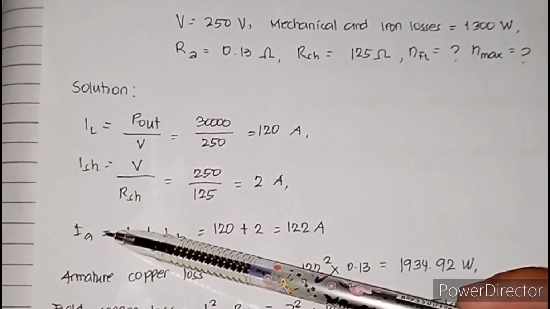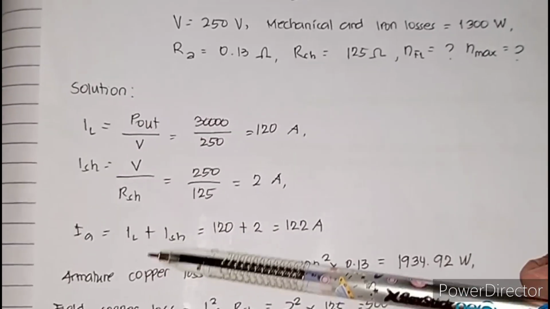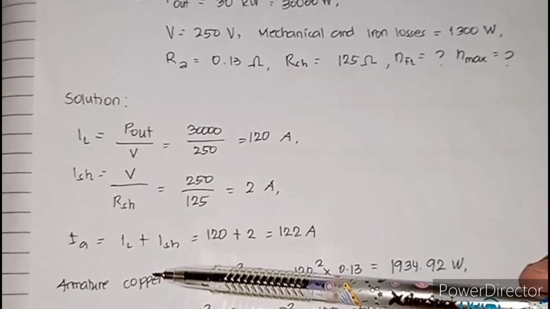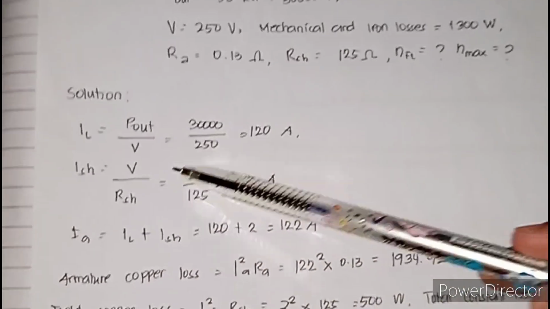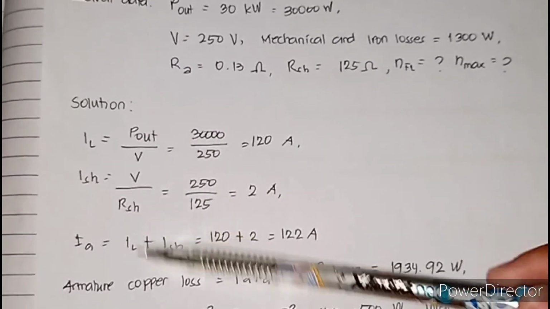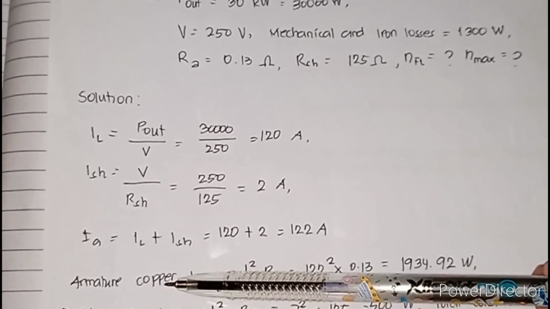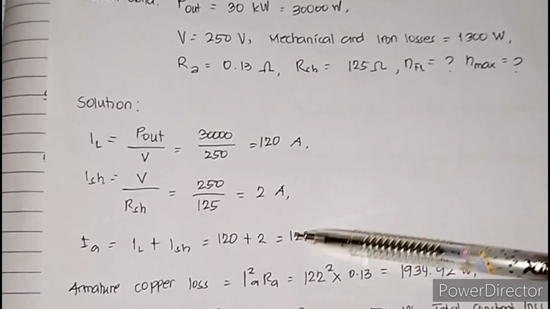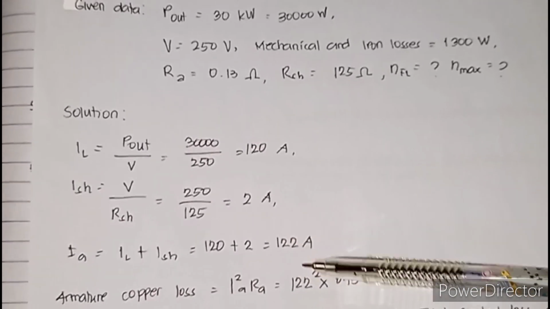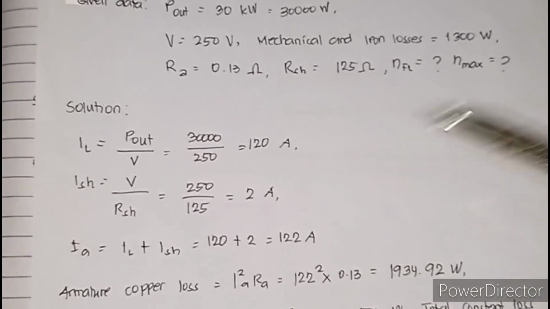Next is to get the armature current. To get the value, we simply add the load current plus the shunt field current. 120 plus 2 is equal to 122 amperes.